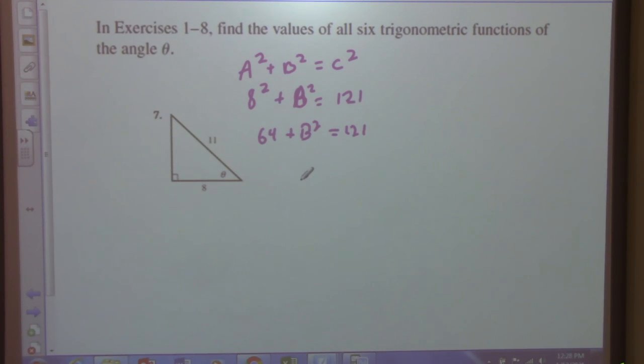And then sine beta is square root of 57 over 11. So you're saying this right here is square root of 57. Yes. So you subtract, and b is equal to square root of 57. Okay, good. Let's continue. And then cosine is 8 over 11. And then tangent is square root of 57 over 8.